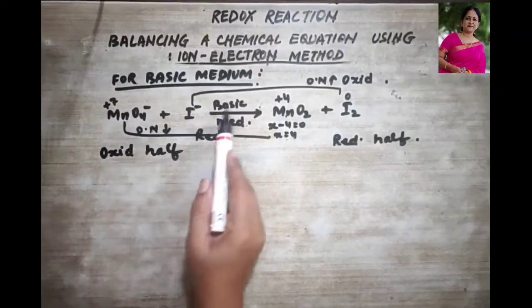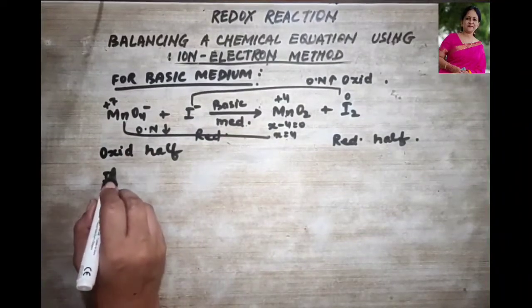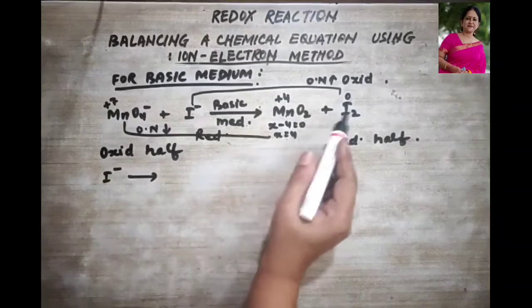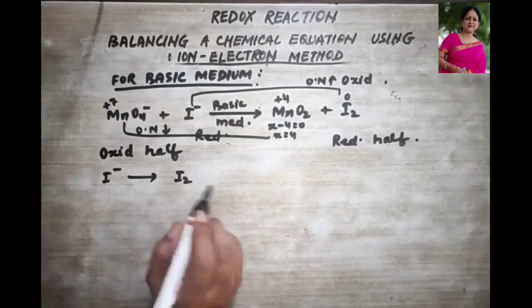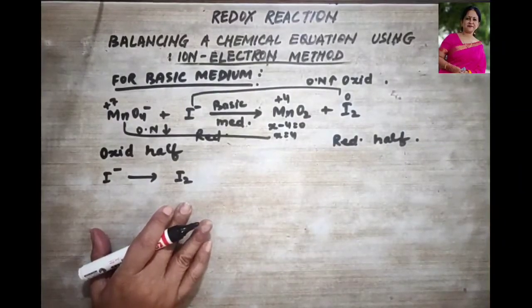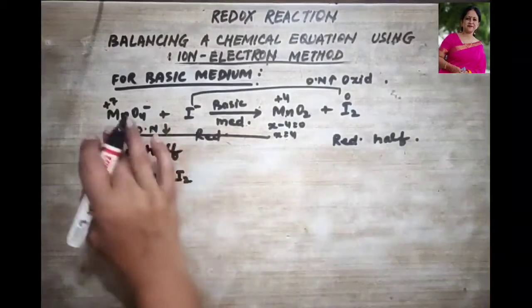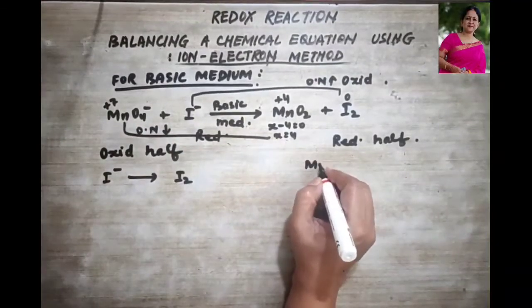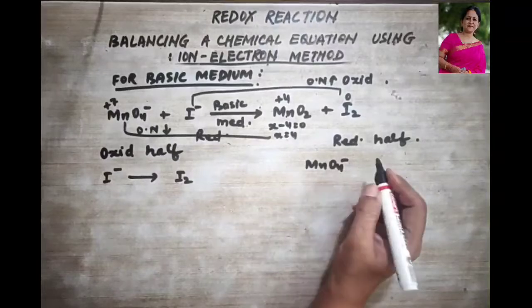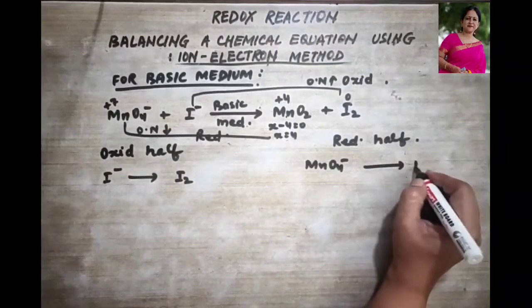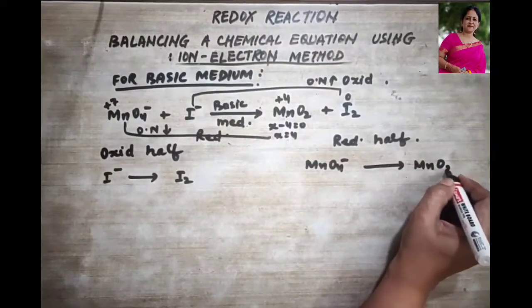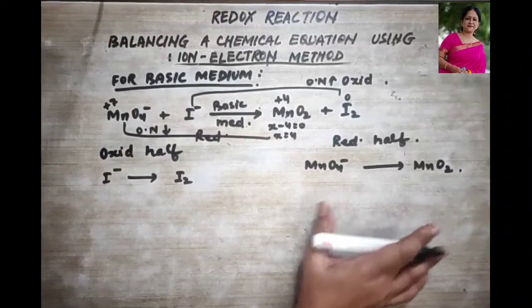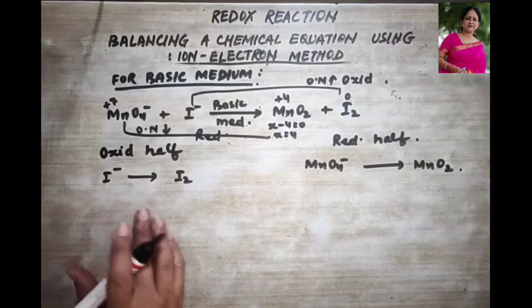So oxidation half is what? I minus is going to give us I2. This is your oxidation half. Let's go to the reduction half. Here MnO4 minus gives us MnO2, right?